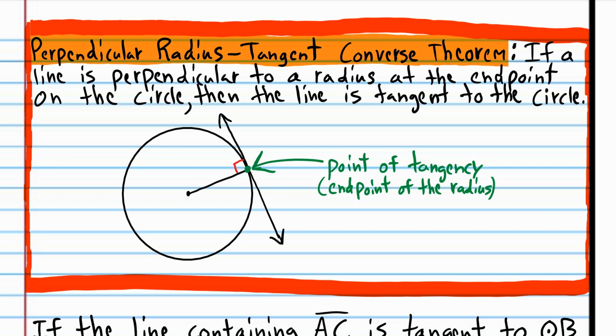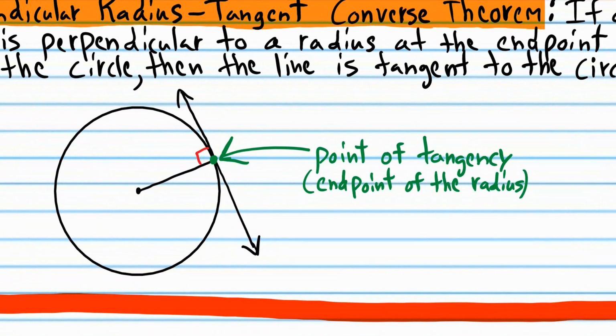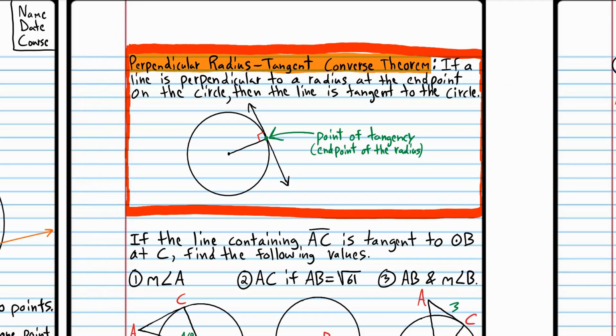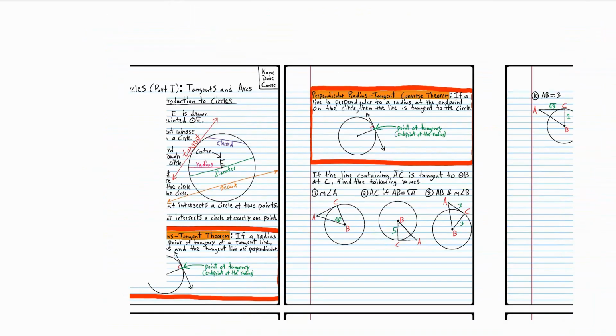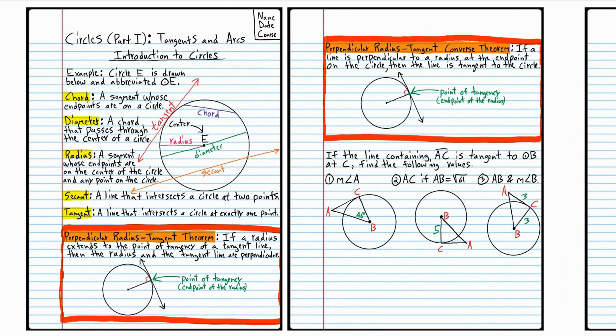It's possible that if they're not 90 degrees, that line would actually touch in two places if it was angled that way. But if it's 90 degrees, that means it touches in only one place. It's kind of hard to see that. You kind of need a microscope. But let's try some practice problems. Again, go ahead and get screenshots of these so you can refer back to them.